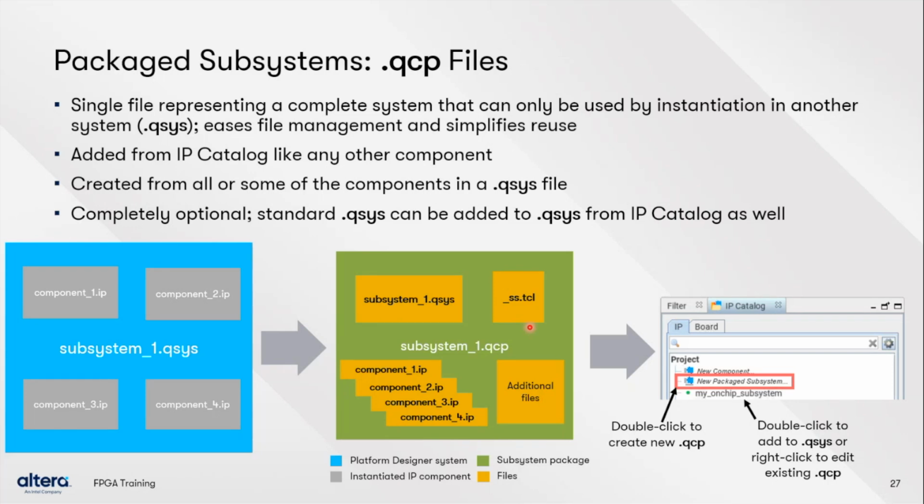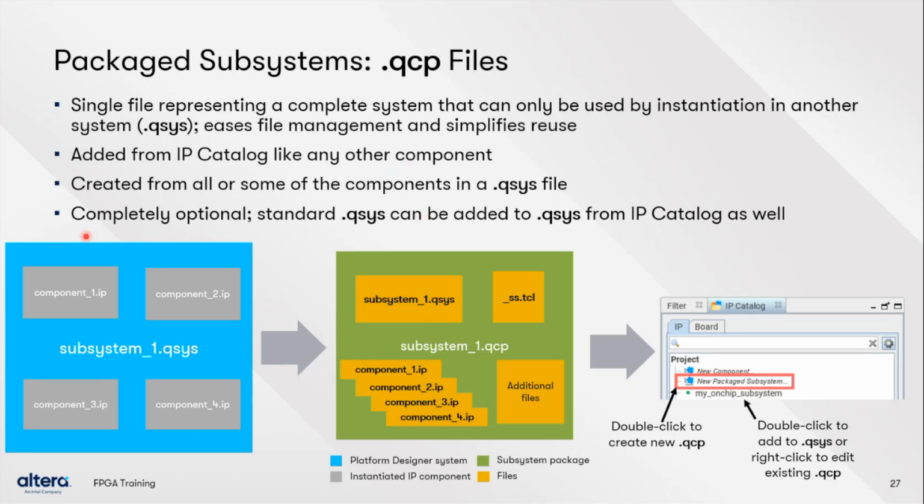The idea is that you can create this package and use it for yourself or hand it off to other folks, and then they can just use the package without having to worry about configuration or anything inside the package. It's just one file that they need to be aware of. You can choose what components in the original system you want to include in the new .qcp file.